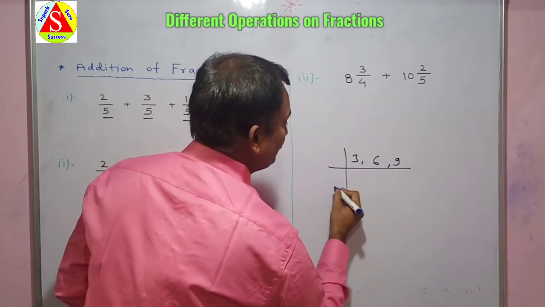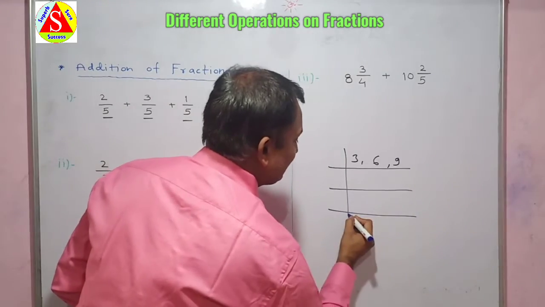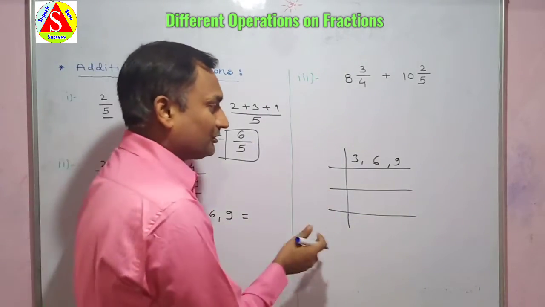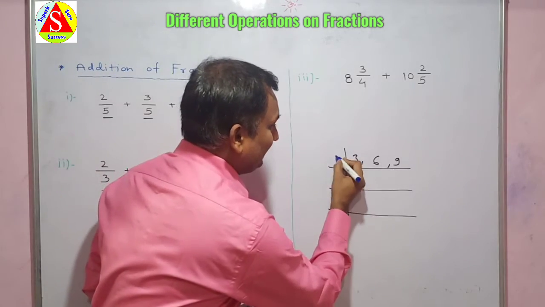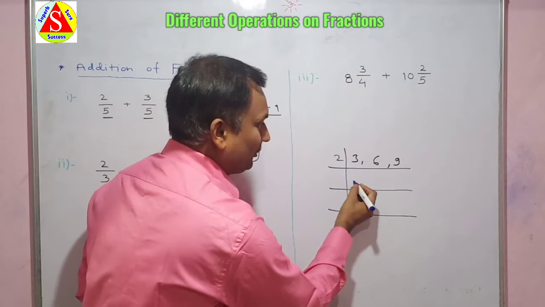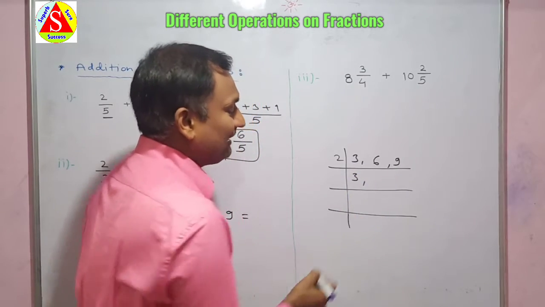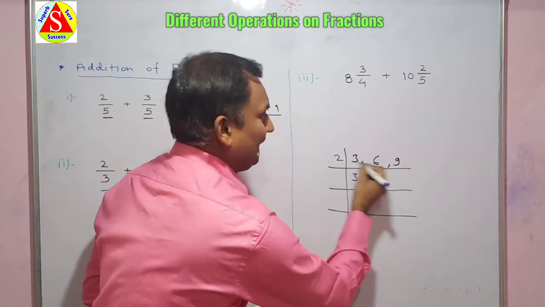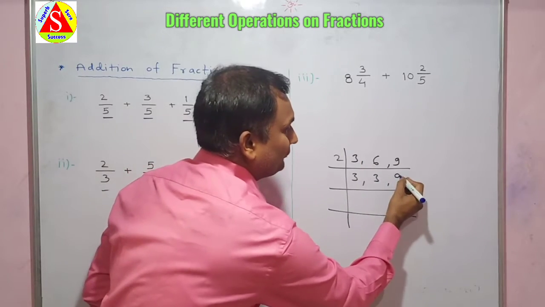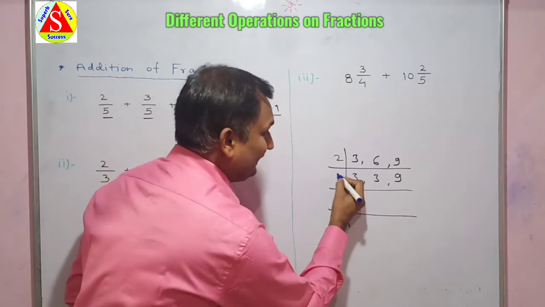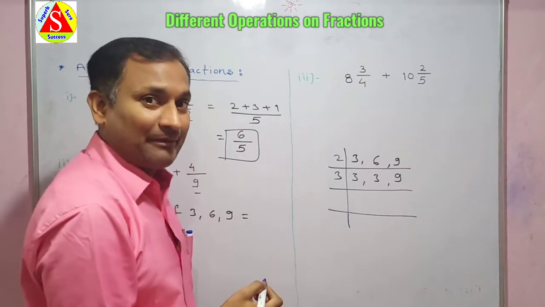We use the prime factorization method to find the LCM. First of all we will divide by 2, the first prime number. Here 3 is not divisible, so we will write it as it is. Here 2 3s are 6, and 9 is not divisible, so we will write 9 as it is. After this we will take the prime factor 3.